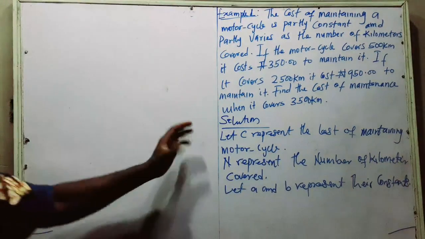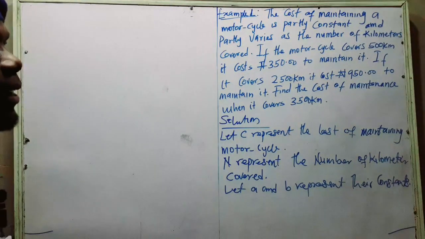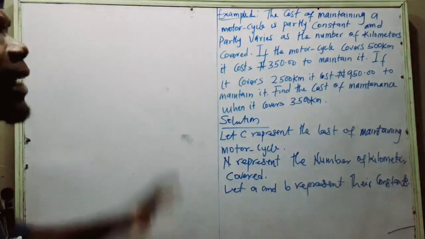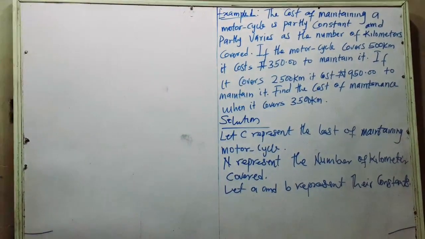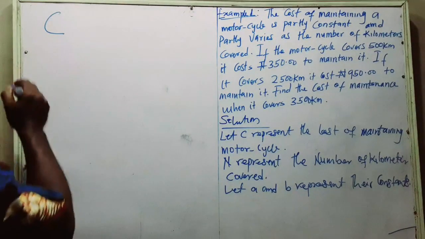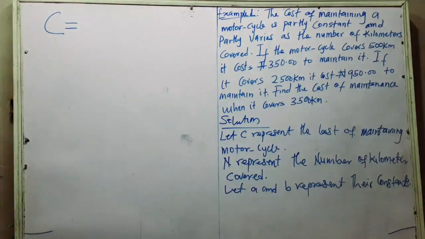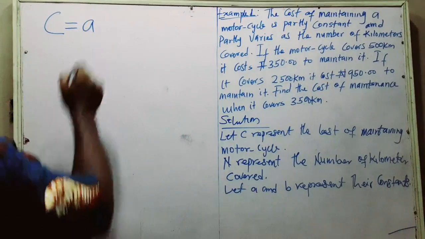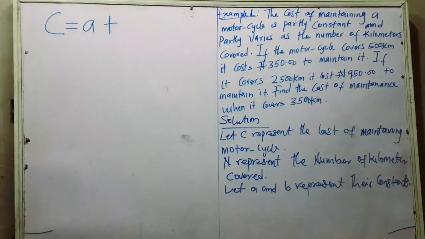Now let's interpret the statement from the question. The cost of maintaining a motorcycle, C, is equal to partly constant, the fixed constant, and partly means plus in mathematics.